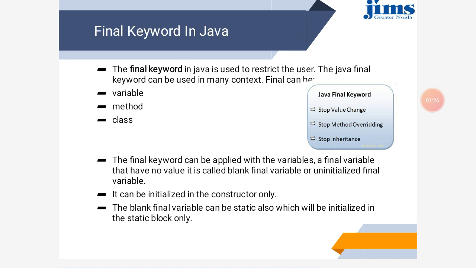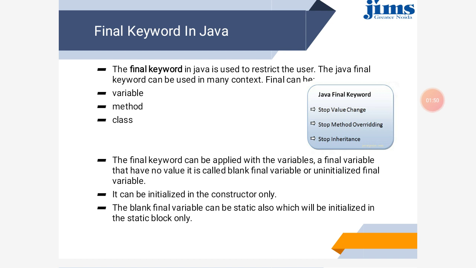As we say, it is final; you will not be able to change anything. So what it does is stop value change, stop method overriding, and stop inheritance. These three things are done with the help of the final keyword.